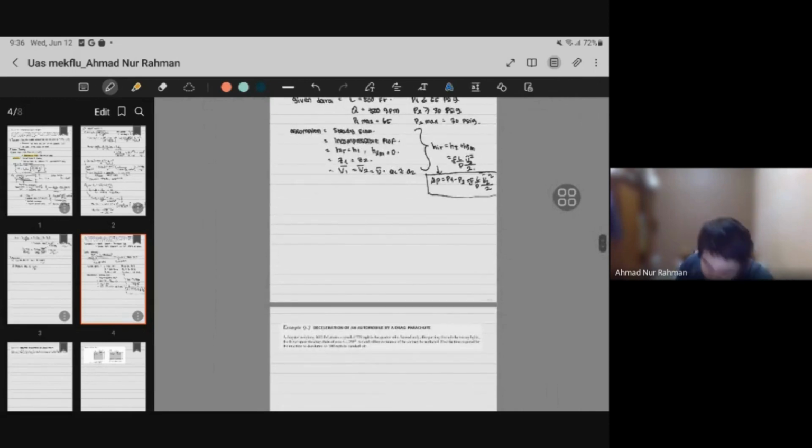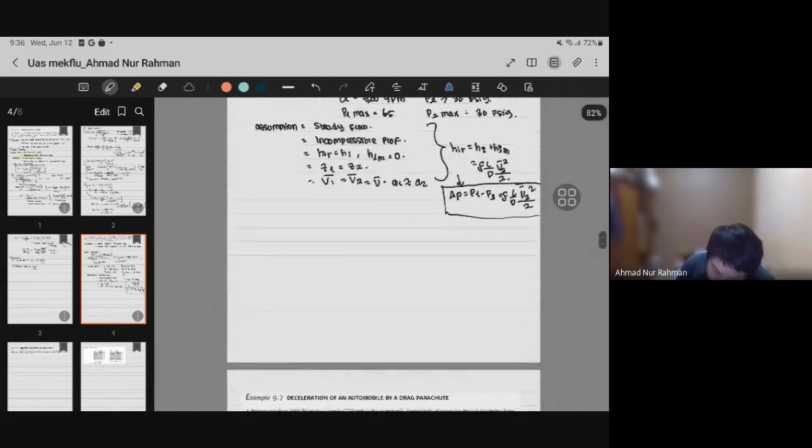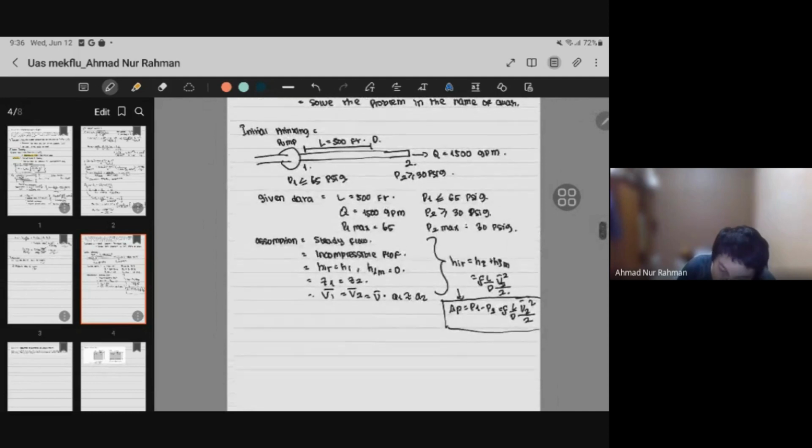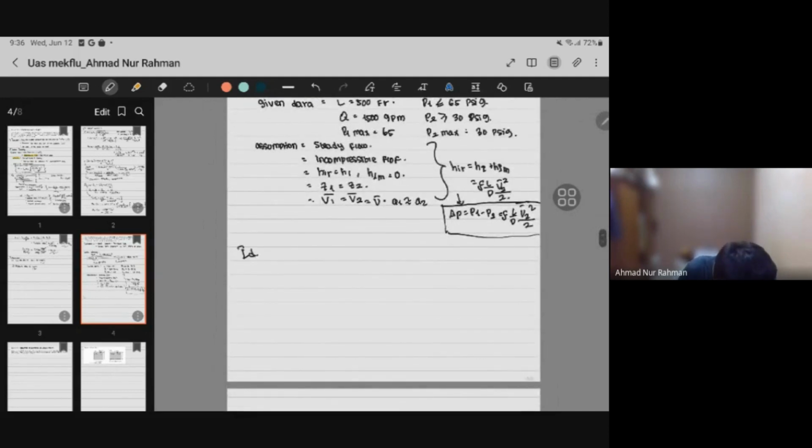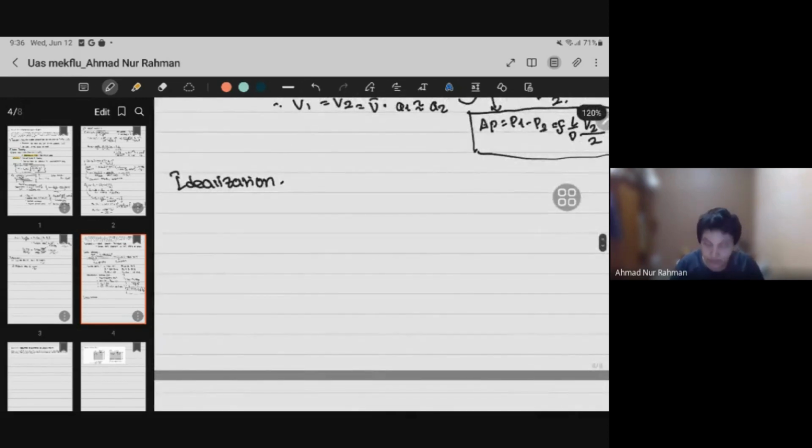So the next step is idealization. From the idealization, we assume that delta P max equals P1 max minus P2 max.